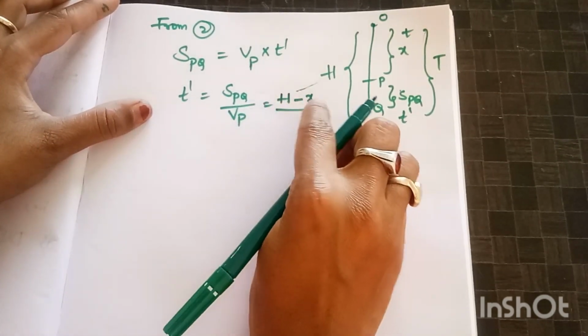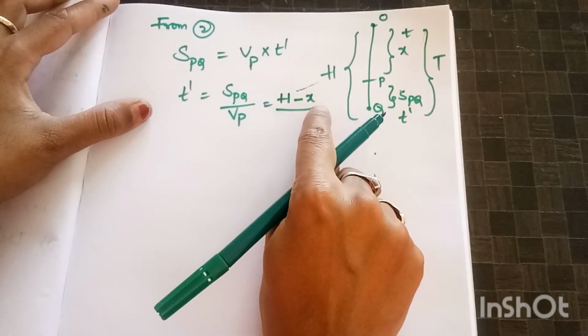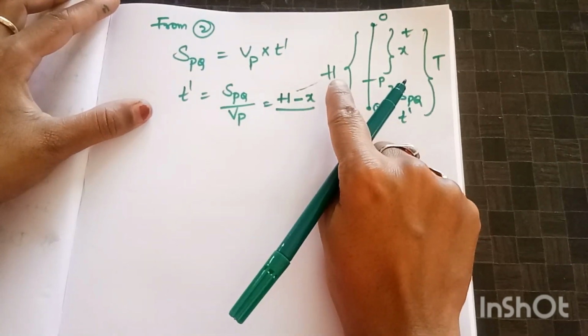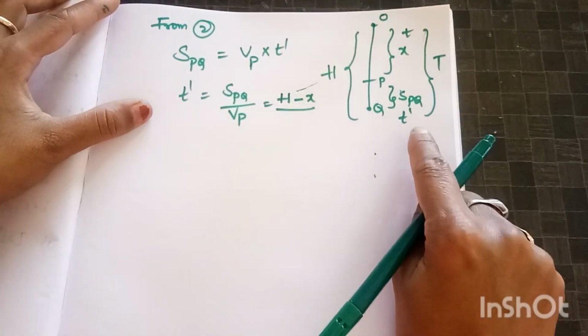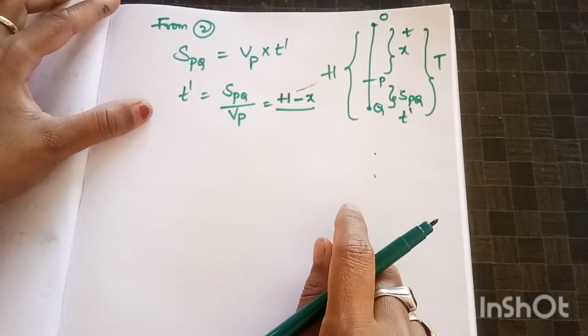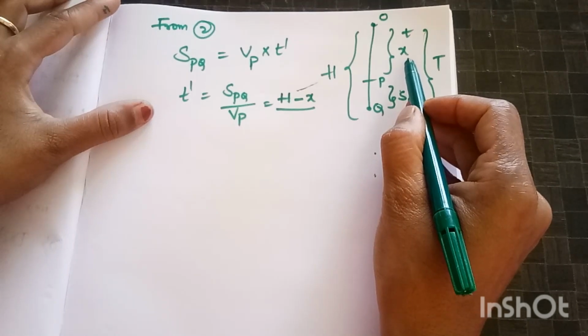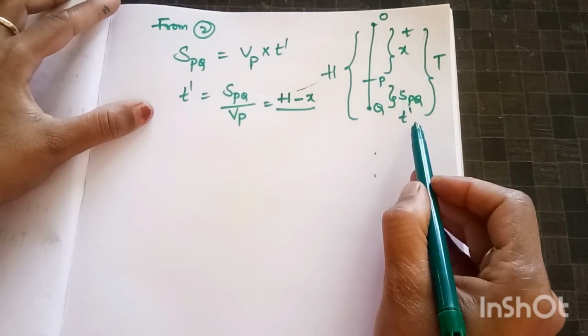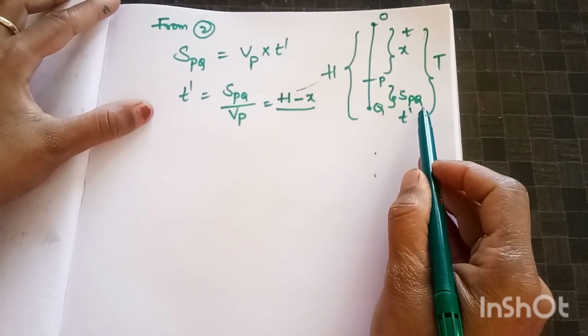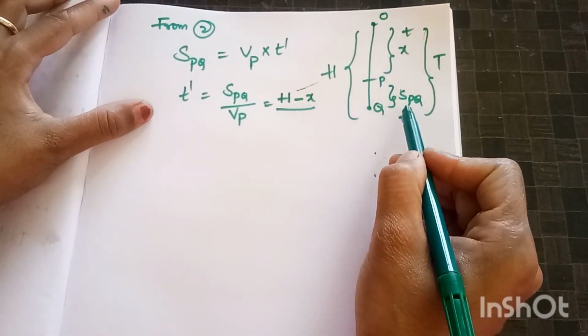Why did I write h minus x? Because from the total distance, if you remove the distance x, you will get S_PQ.